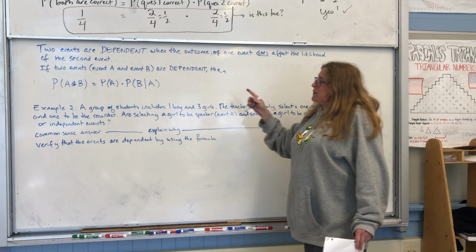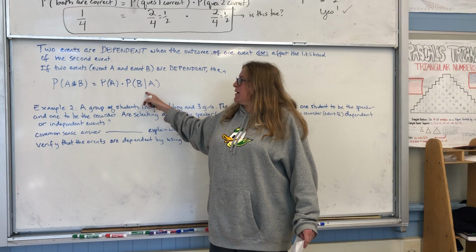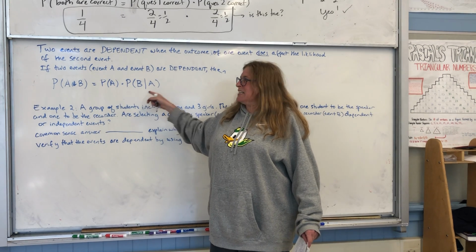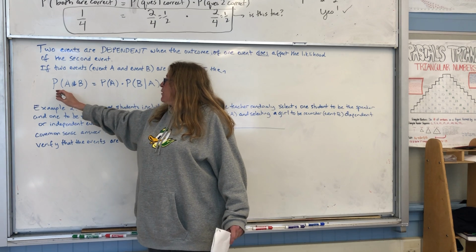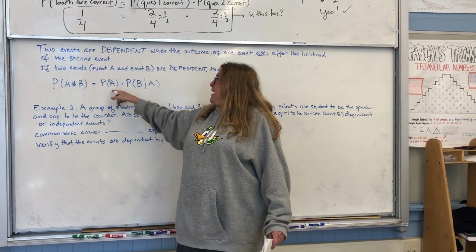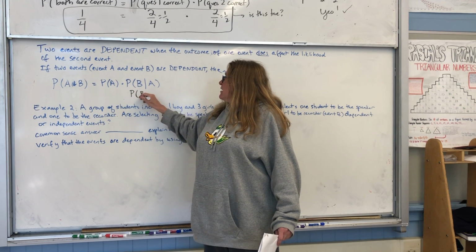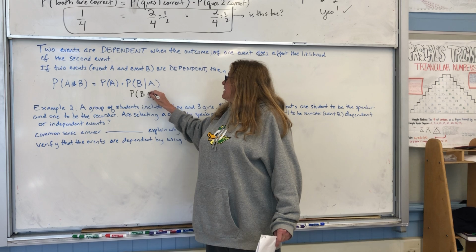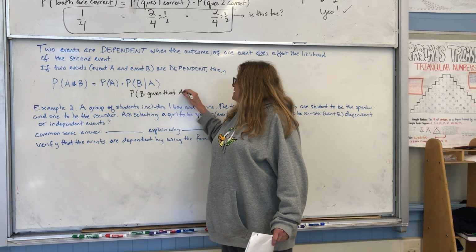Now this is a little bit confusing because we think of this slash as meaning divided by, but in probability speak that isn't what it means. The probability of both A and B is equal to the probability of A times the probability of B, and this slash means given that A has already happened.